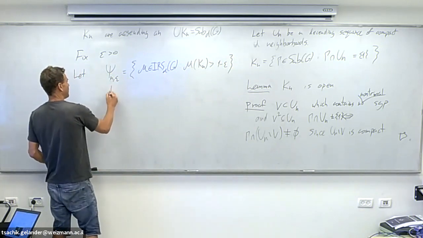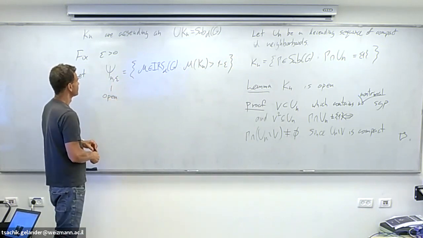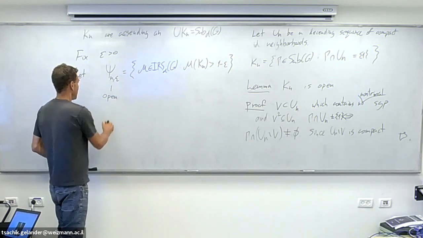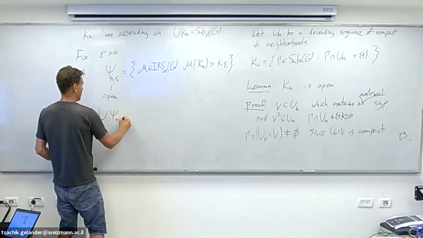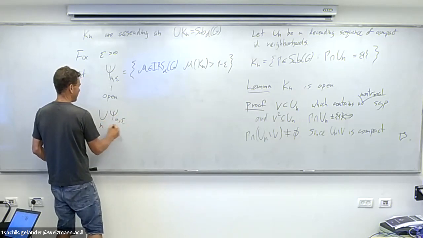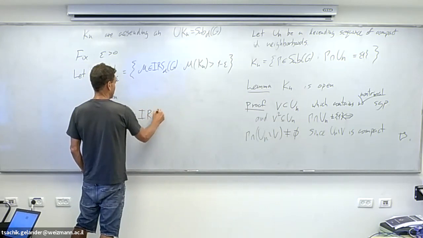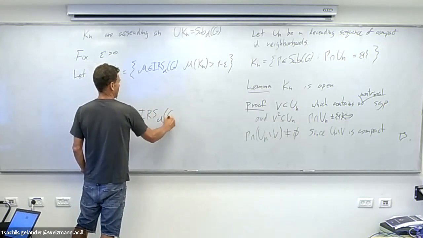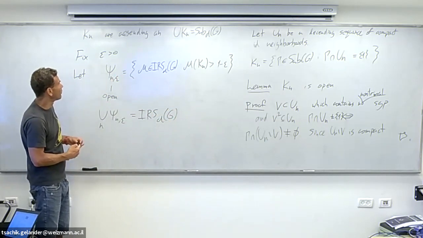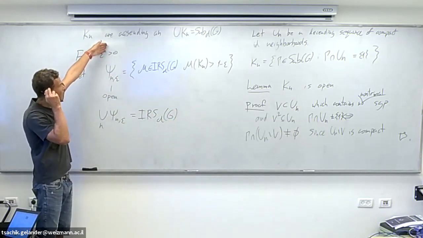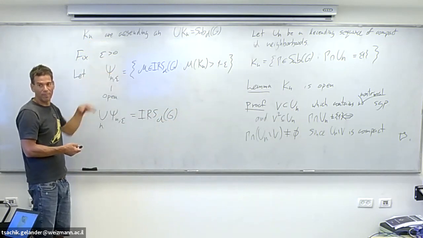Then psi n is open, and the union of psi n epsilon over n is the space of all discrete, because every discrete group is in some Kn, since the union of the Kn is everything.